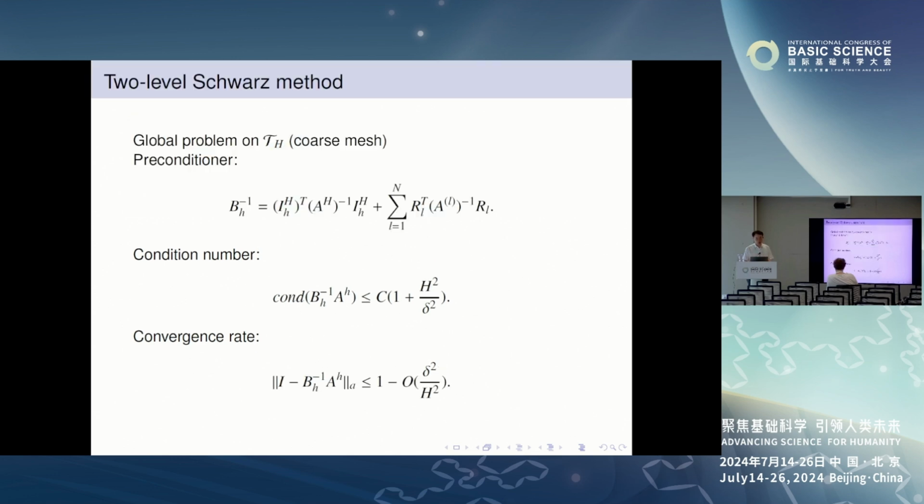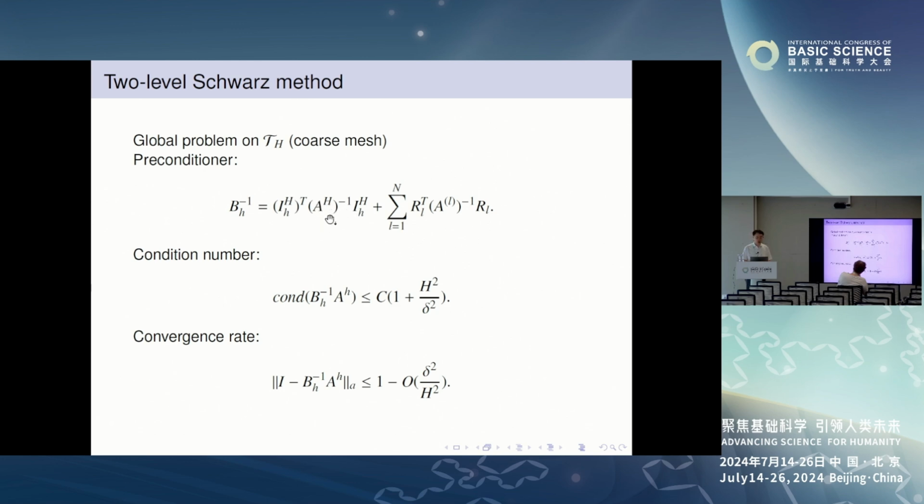Because this is the one-level case, but computational mathematicians would like to optimize these procedures, we should introduce some global problem on the coarse mesh. So this is the famous two-level Schwarz method. Many computational mathematicians work in these directions. This preconditioner is very simple, just add one term.